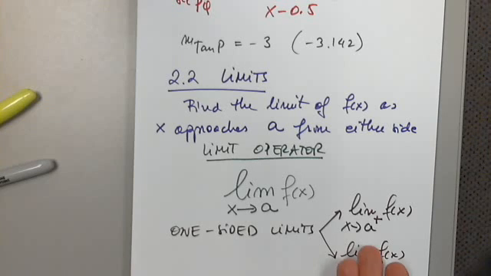What do you think the first one says? Is it the right or the left limit? Yes, because it says with values that are larger than a. What will be the other one? From the left, which means with values that are smaller than a.